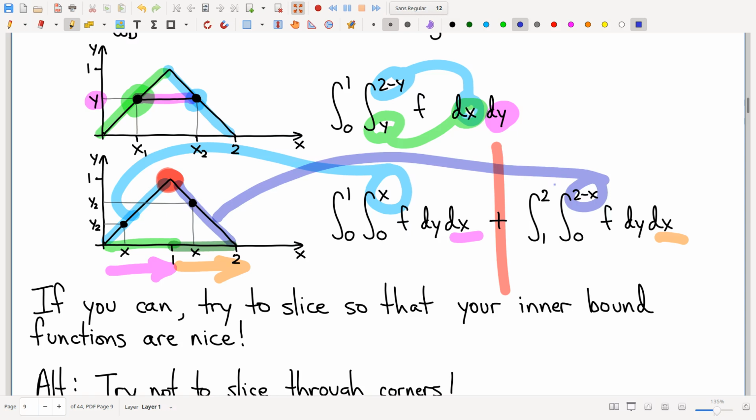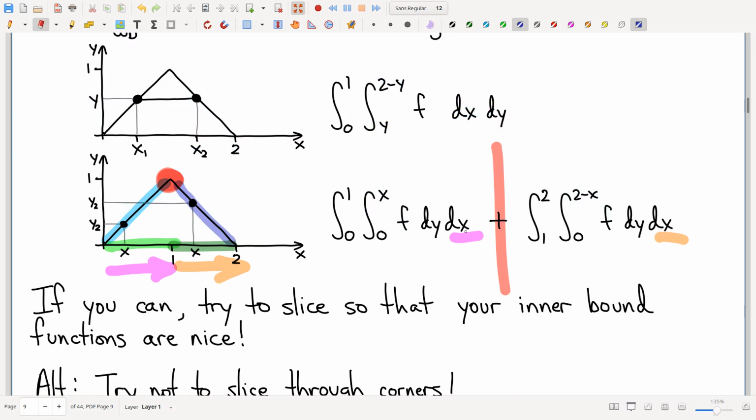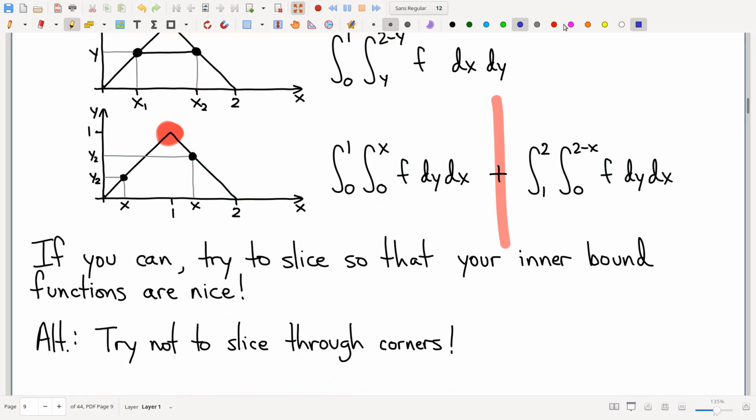So I have a real simple, just, kind of sifting through all of these details. The big moral walk away for me is try not to slice through a corner. Right? Ultimately, that's kind of what went wrong here. When I was slicing in the x direction, as I was going in that direction, here's my x slices, and right in the middle of my x range, I sliced through a corner.